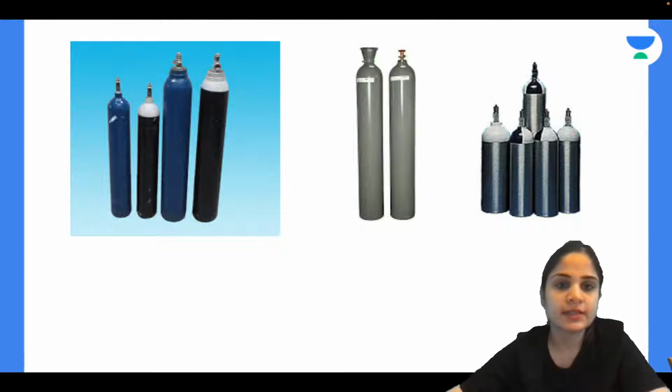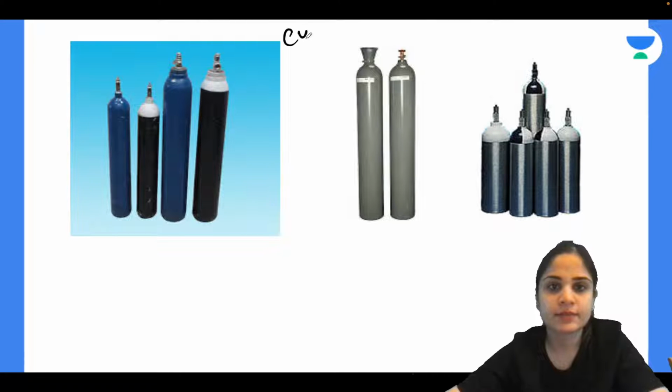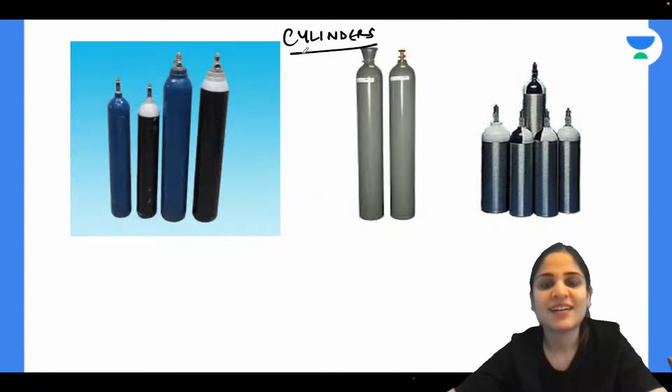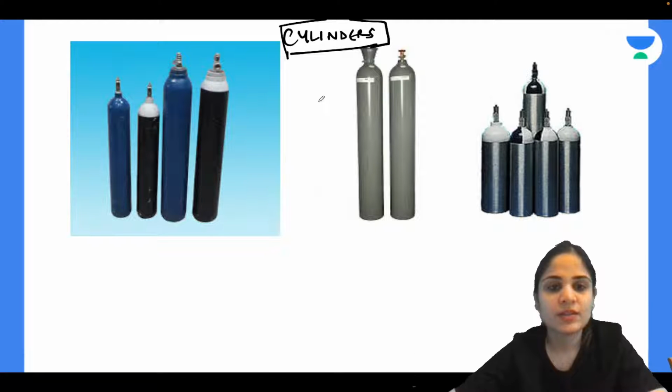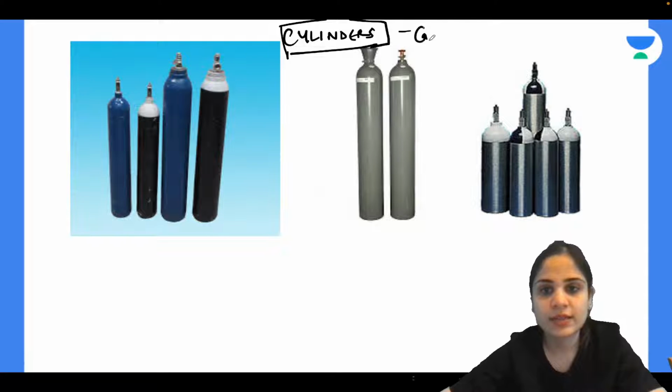These are your cylinders, correct? These are your cylinders, not gas cylinders. These are your cylinders which store your anesthetic agents, okay? So they actually store your carrier gases, not anesthetic agents. I'm very sorry, they store your carrier gases, okay?